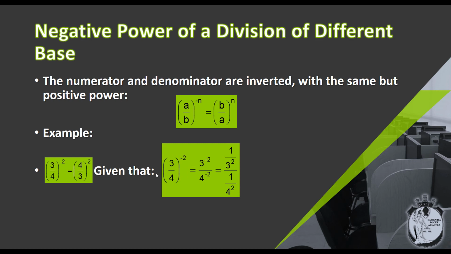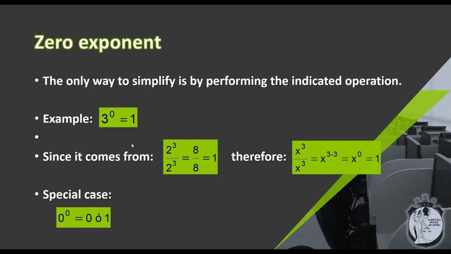If you have one division and the whole division has a power, every term has the same power, and again you get a negative exponent, so you apply another rule here and you can move.